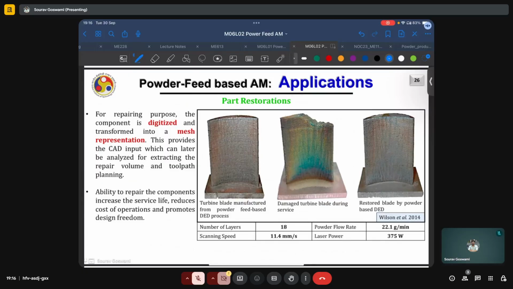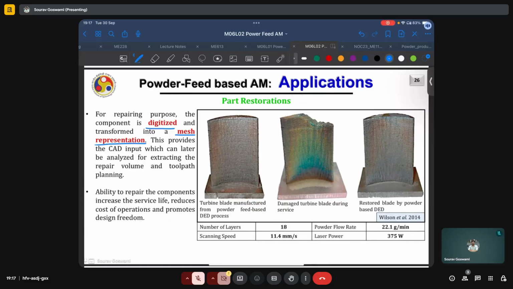For repairing purposes, a damaged component is digitized and transformed into a mesh representation. This provides the CAD input, which can later be analyzed for extracting the repair volume and tool path planning. The ability to repair the components increases the service life, reduces the cost of operations, and promotes design freedom.